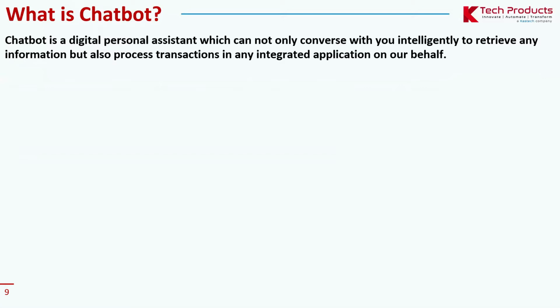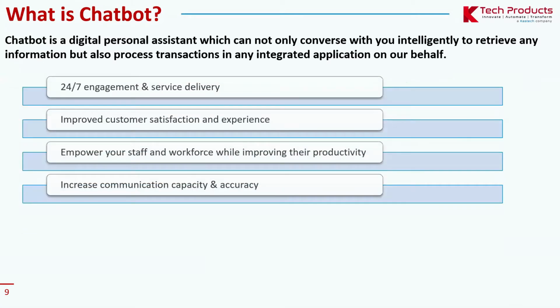Like the way we use Siri or Alexa at home, we want to have that intelligent conversation with them, try to get some information out of them, and they understand our intent.